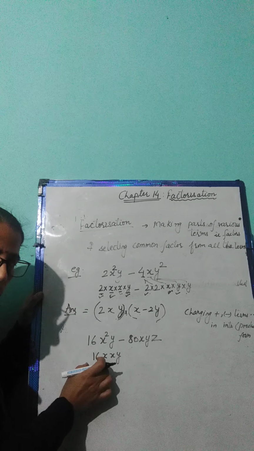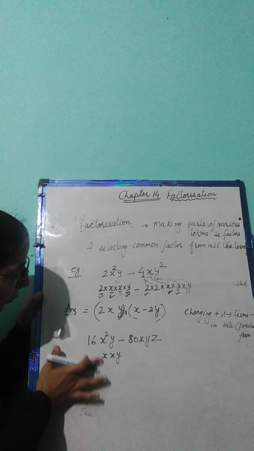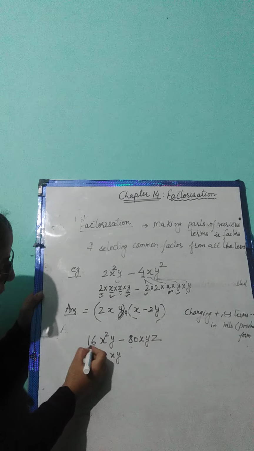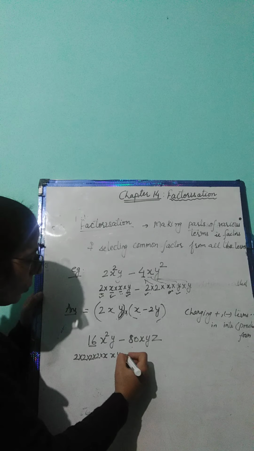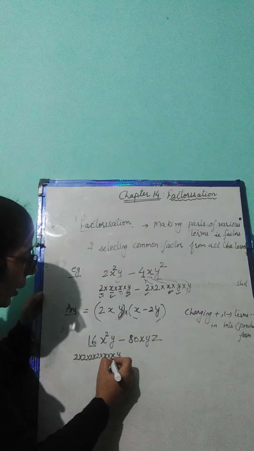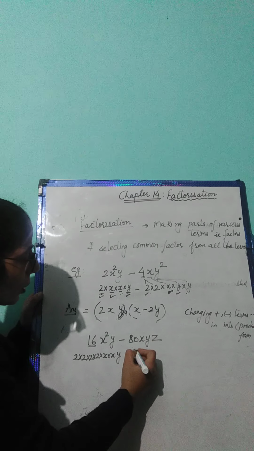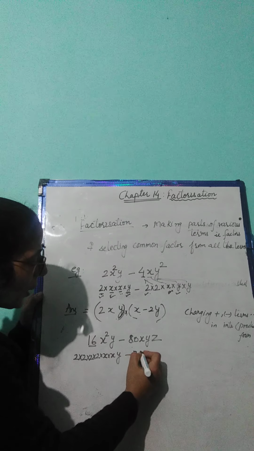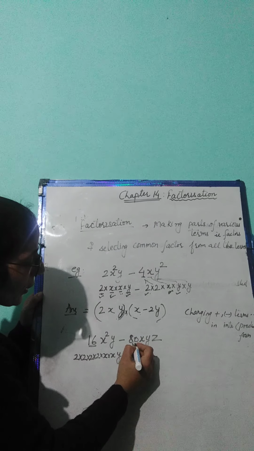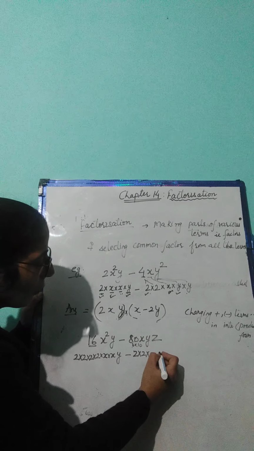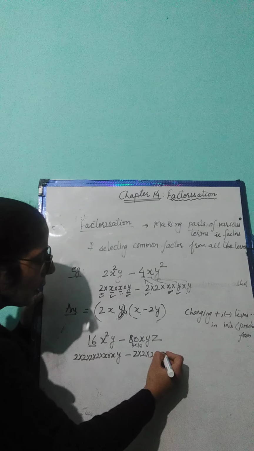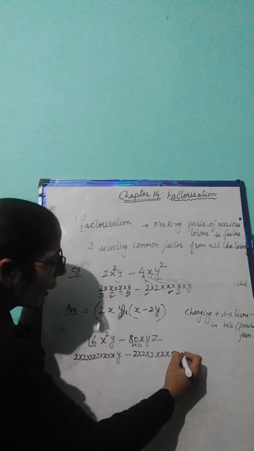I can write it in the simplified prime number form also. 16 can be written as 2, 2s are 4, 2s are 8, 2s are 16. Now this is x into y. This is 80. 80 can be written as 2 into 2 into 2 is 8, and 8 times 10 is 80. So 10 can be written in prime factorization form, 2 5s are 10. So 2 into 5.